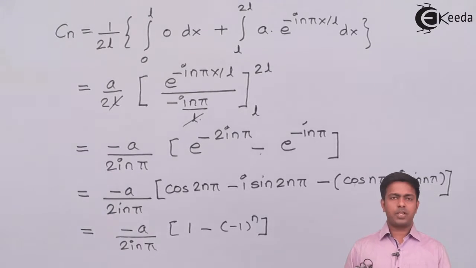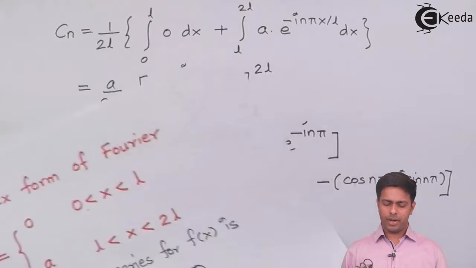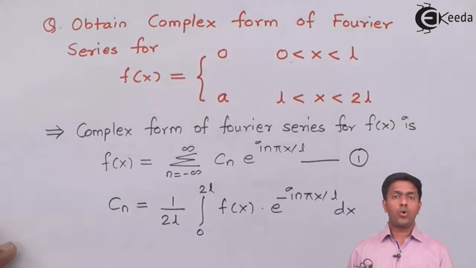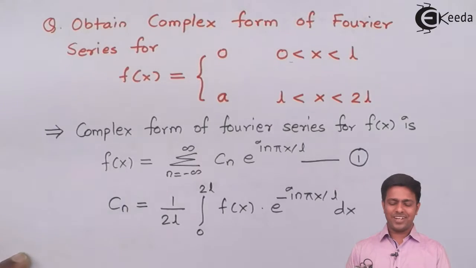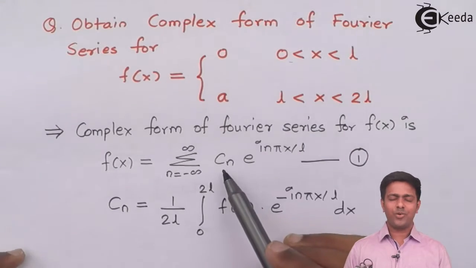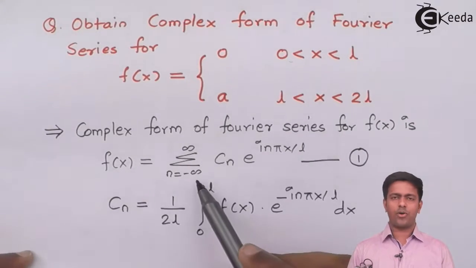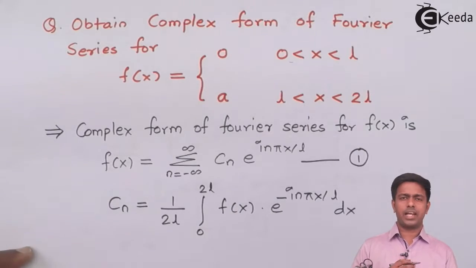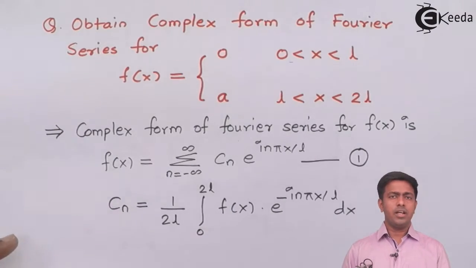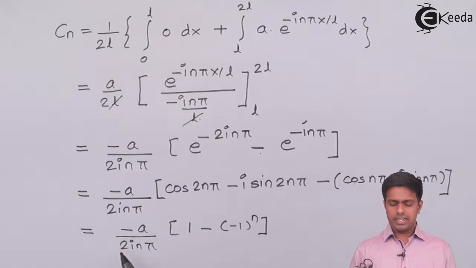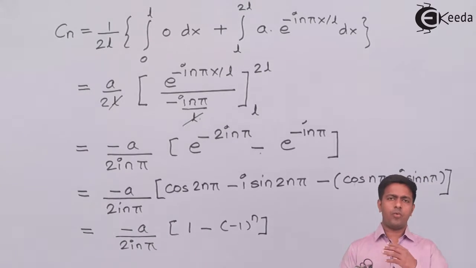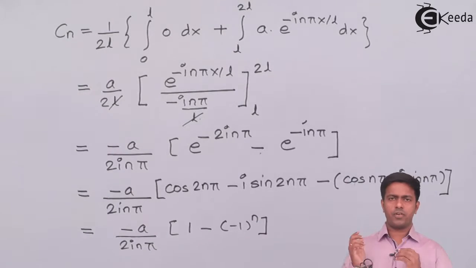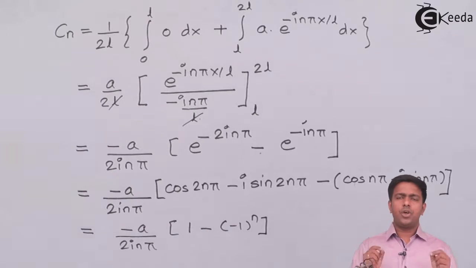Now guys, we will be substituting this value of Cn in equation number 1. But hold on, because if you put this value of Cn over here, and if you are observing carefully, we are going to put the value of n from negative infinity to positive infinity. Now guys, here in Cn, if I put all values from negative infinity to positive infinity, in that range we get one value which is 0.